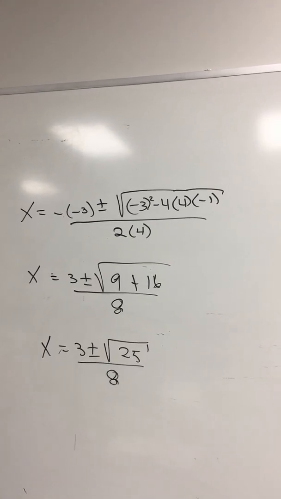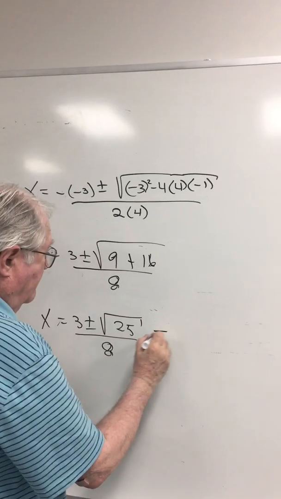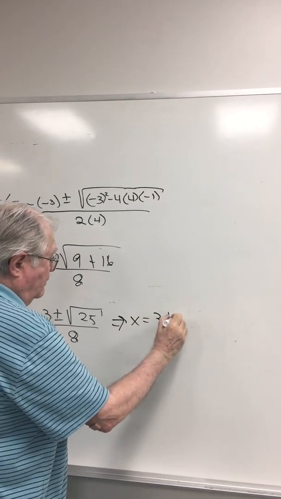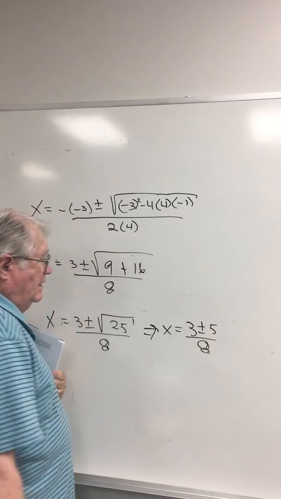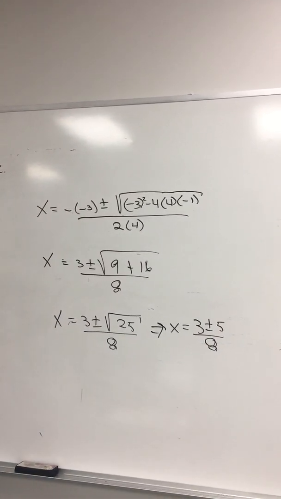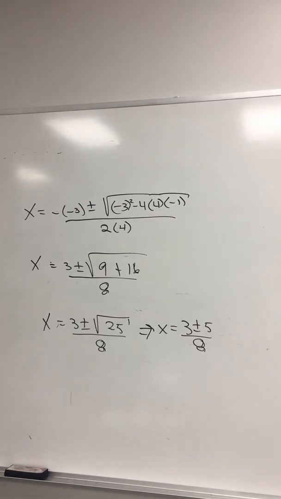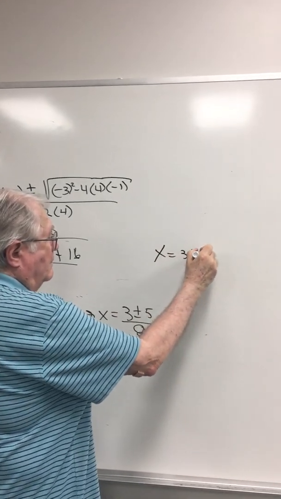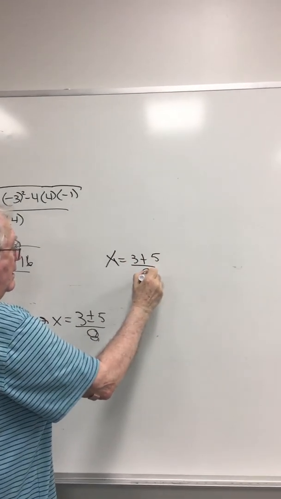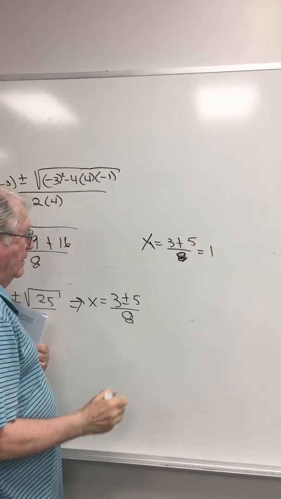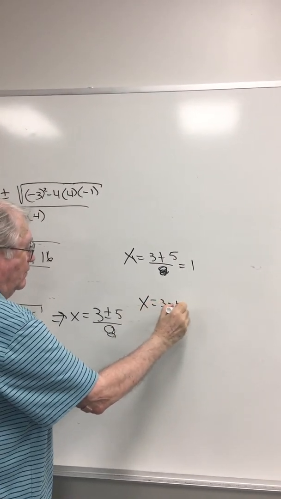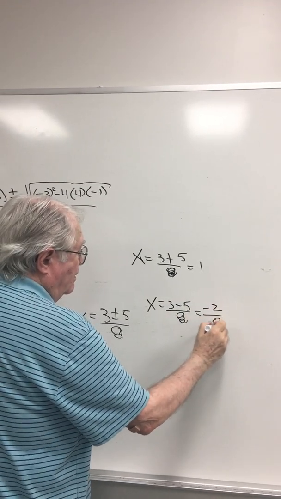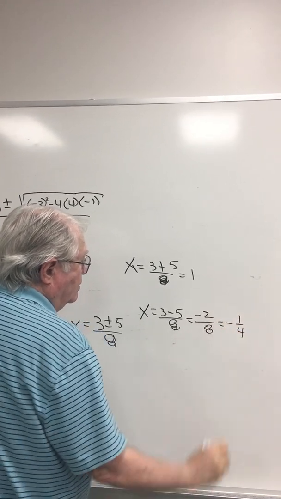The square root of 25 is 5. So 3 plus or minus 5 divided by 8. Anytime you're dealing with a quadratic, there are always 2 possible answers. One possible answer here would be 3 plus 5 over 8, and that comes out to be 1. The other possible answer would be 3 minus 5 over 8. That comes out to be negative 2 over 8, and that would be negative 1/4.